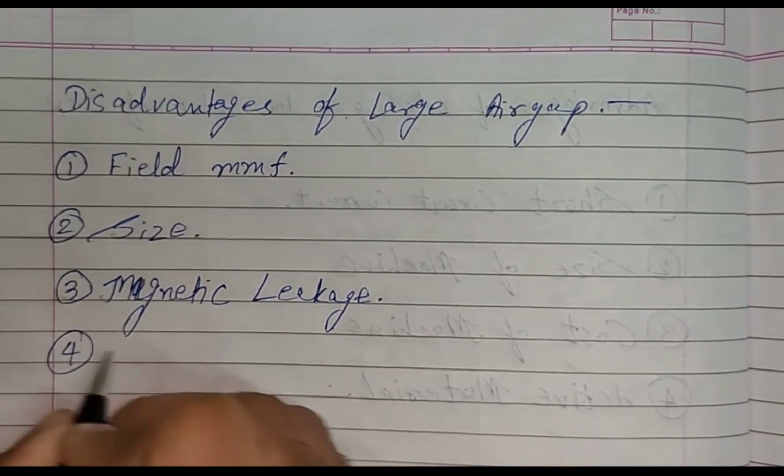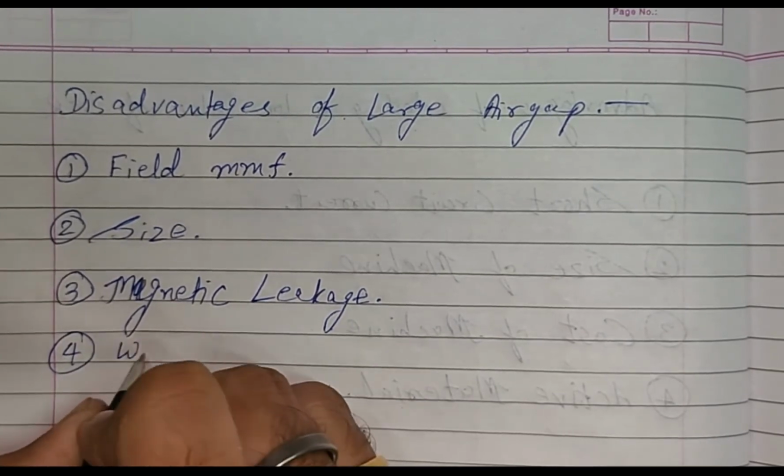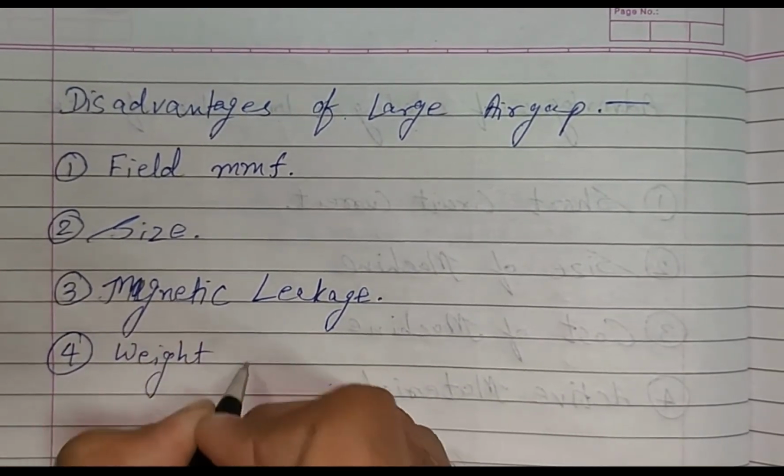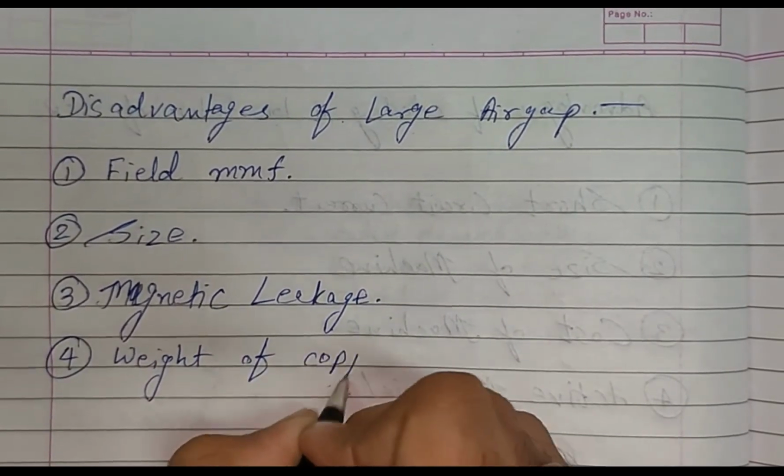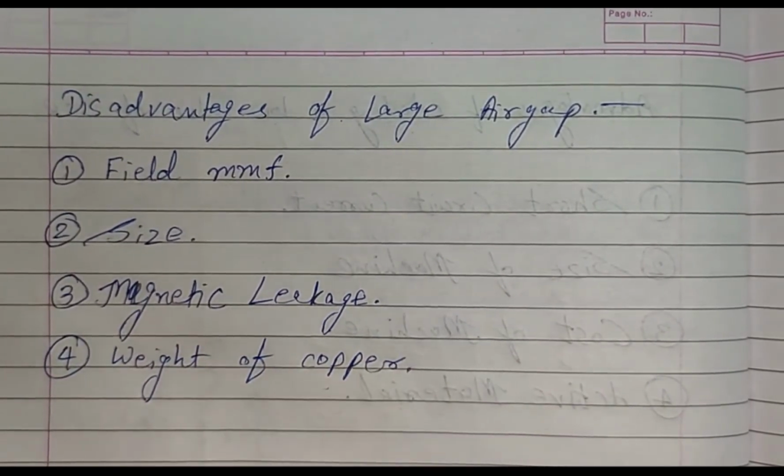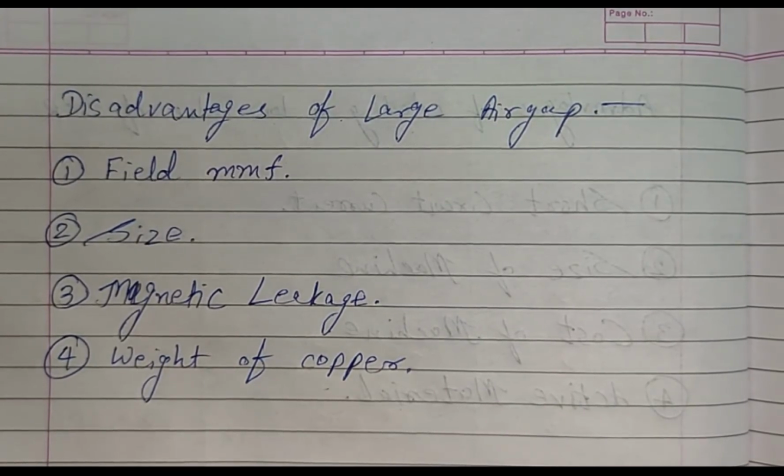Next would be the weight of the copper in the winding. So the next criteria we can write as weight of copper. Now if the magnetic leakage increases, you need to provide another few turns, to balance the amount of flux which is required, to balance the amount of field MMF which is required, and therefore the weight of the copper would increase.